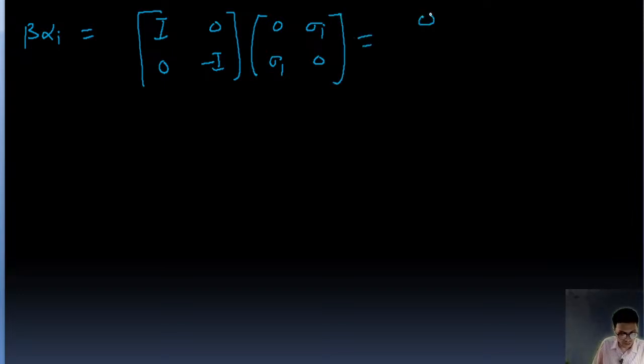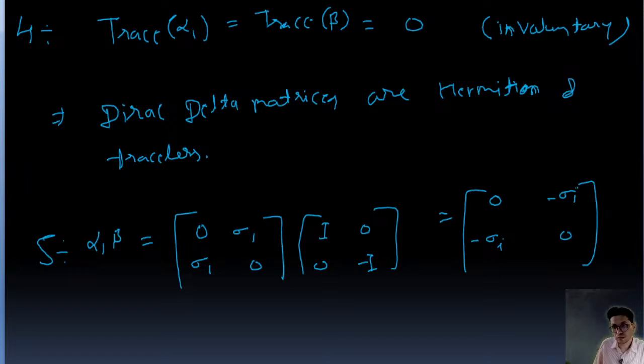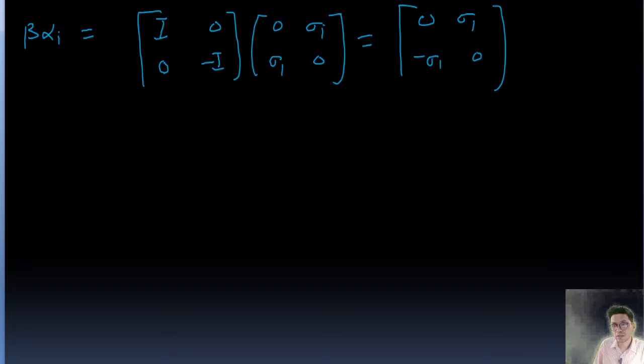So this is going to be 0, sigma_i, minus sigma_i, 0. And alpha_i beta is 0, minus sigma_i, sigma_i, 0, while beta alpha_i is 0, sigma_i, minus sigma_i, 0. So from here we get alpha_i beta plus beta alpha_i equal to 0. Very important property.